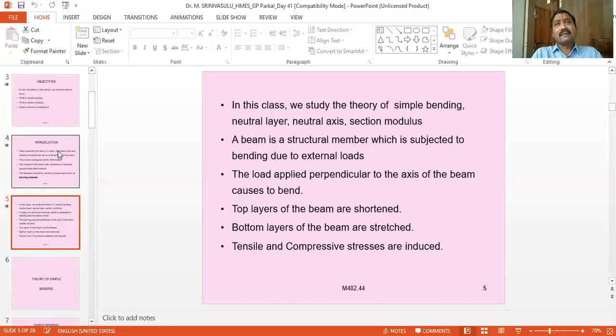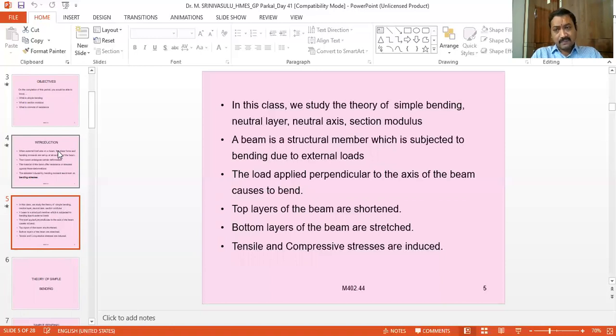Here the top layers are subjected to some compression, being shortened, whereas the bottom layers of the beam are subjected to tension, being stretched.